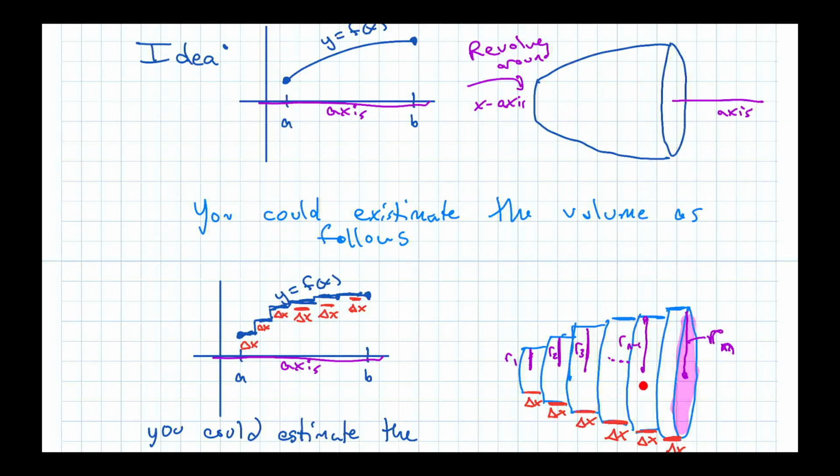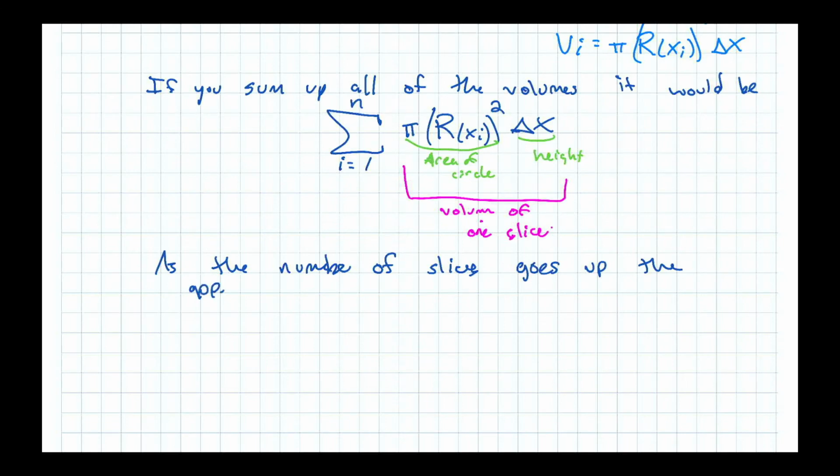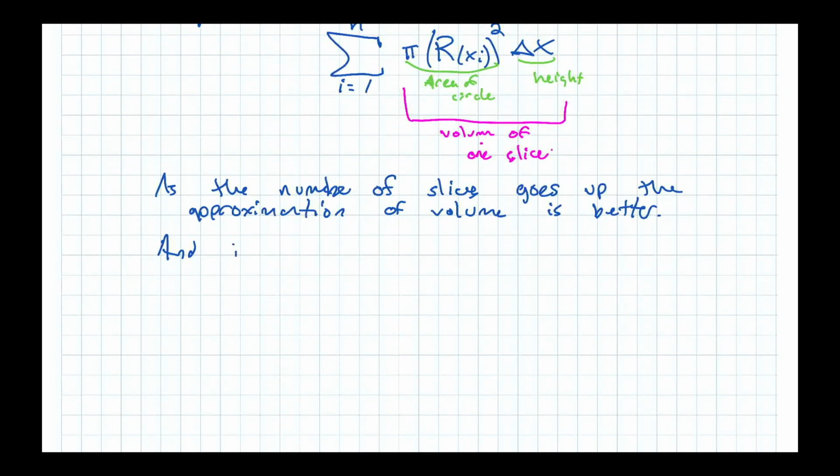So as the number of slices goes up, the approximation of the volume gets better. And if n, the number of slices, goes to infinity, it will be perfect.